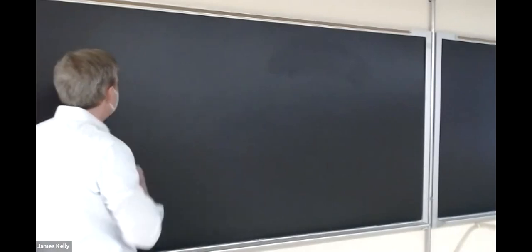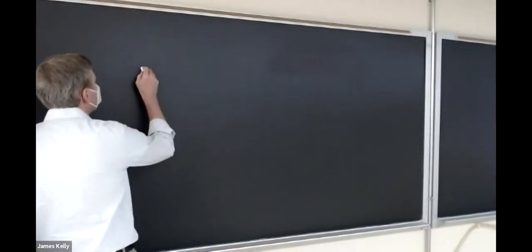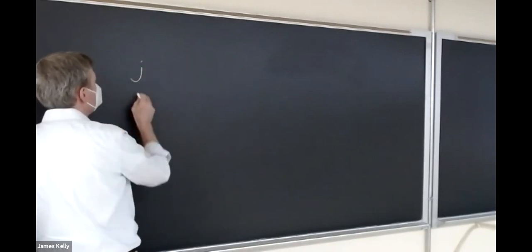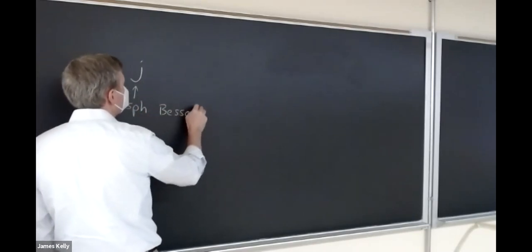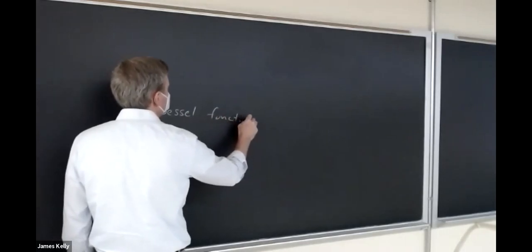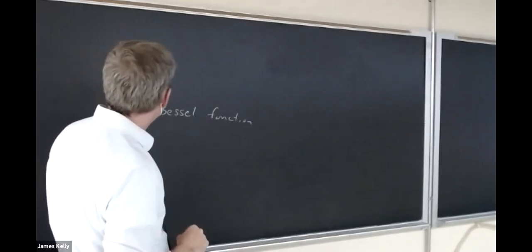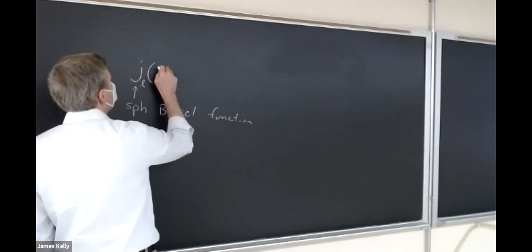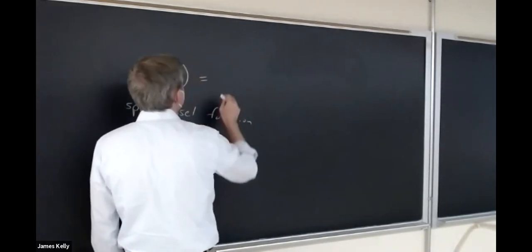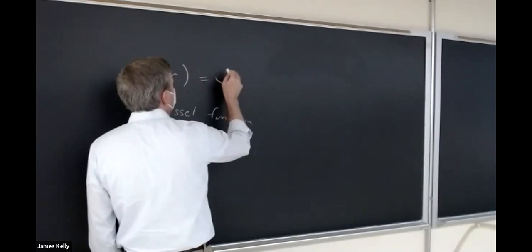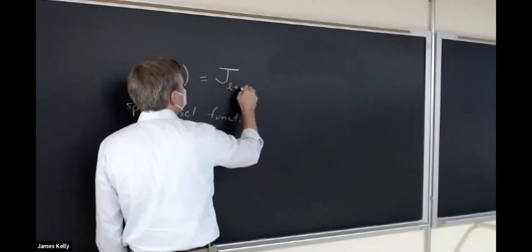One thing I realized in talking to Yi-Chen right after class was over is that I made the claim that J, so this is the spherical Bessel function, which is not defined in MATLAB, depends on L, and it's a function of K times R. I made the statement that that was equal to the standard Bessel function with whatever your L is, you had to add 1/2 to it.